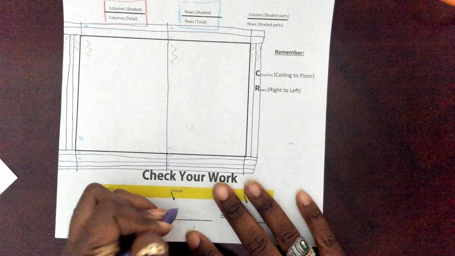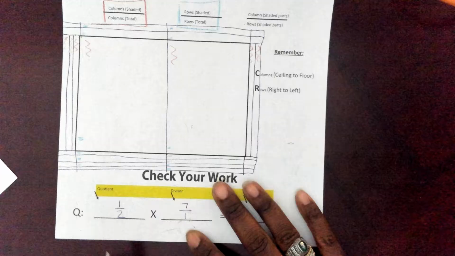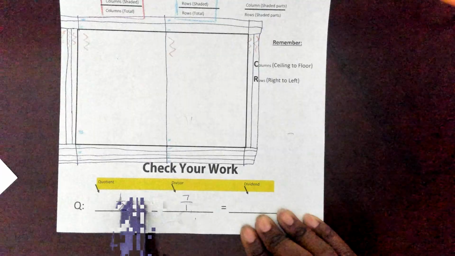Now let's check our work and just make sure that we are doing the right thing. We're going to work our way backwards to get back to the dividend. So we have 1/2 for our quotient, and we're going to put 1/2 here. We had 7 over 1 for our divisor, so we're going to put 7 over 1. And when we multiply fractions, we multiply straight across.